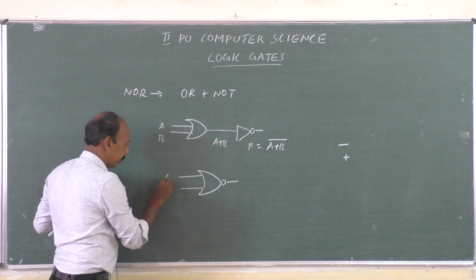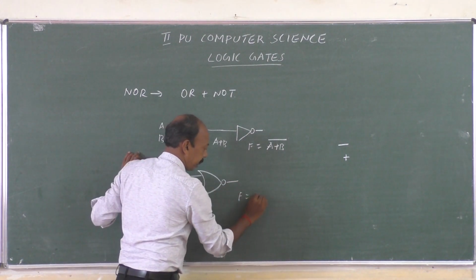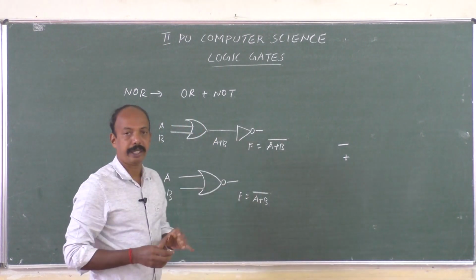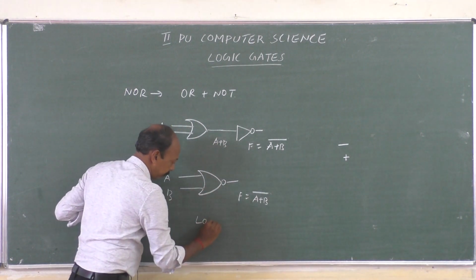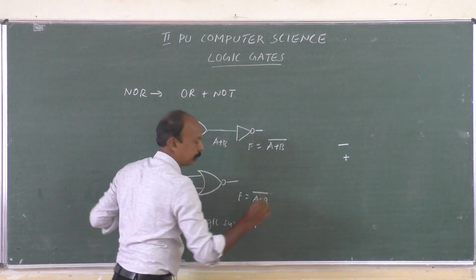So this will be A, this will be B. F is equal to A plus B whole bar. That will be the NOR gate logic symbol.